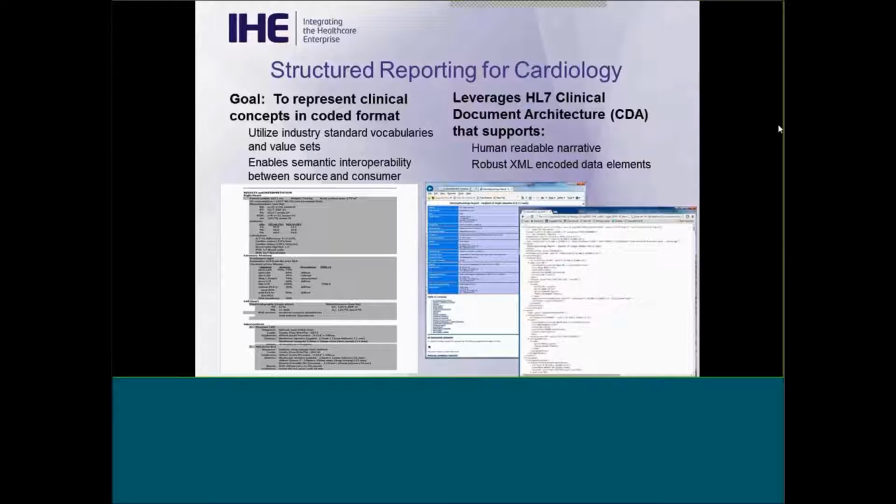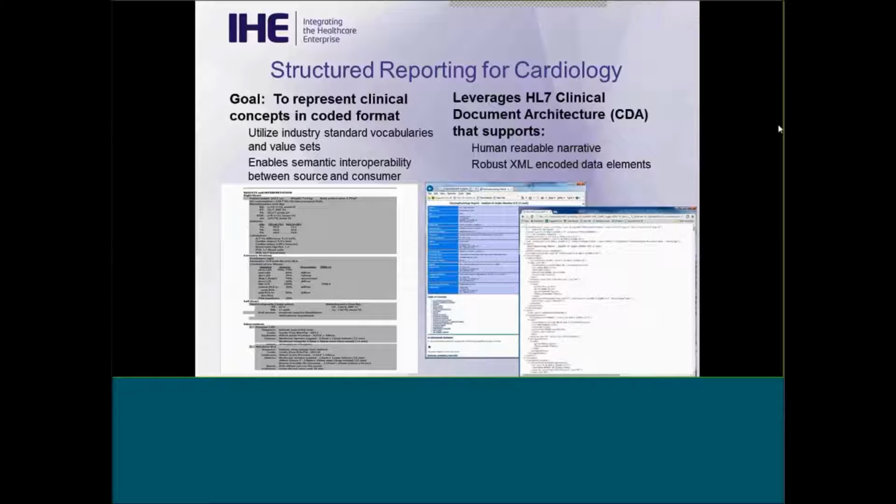So the secondary goal of this, or the second area of focus that we've been addressing, is on representing the clinical concepts in coded format. And for this, it's not sufficient to allow folks to just represent a clinical concept such as a problem or a procedure using text or using their own selected code set.